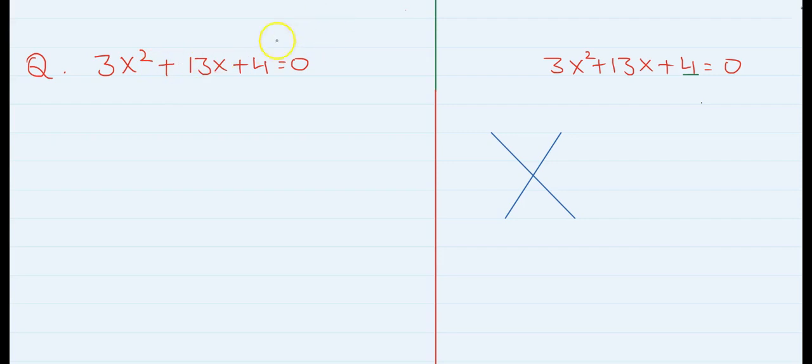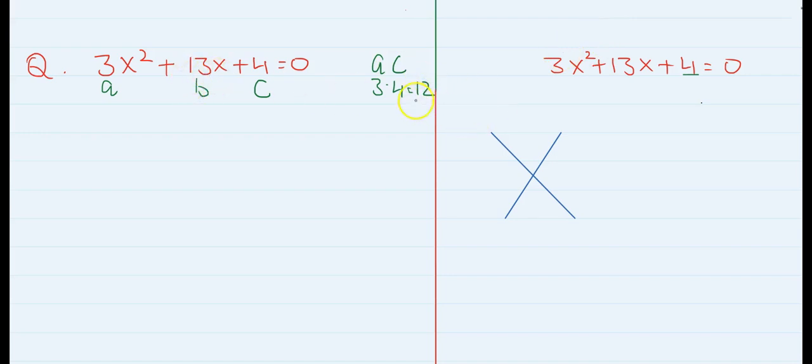Now let's try to solve another equation using both the methods. Here a is equal to 3, b is equal to 13 and c is equal to 4. So ac is 3 multiplied by 4, that is 12.